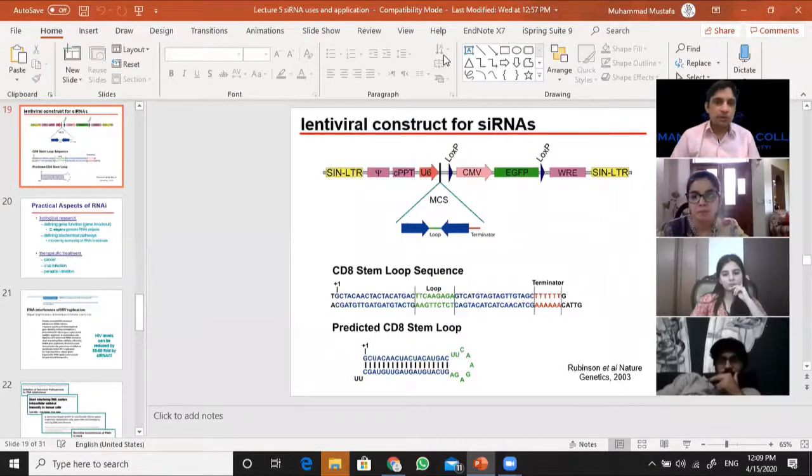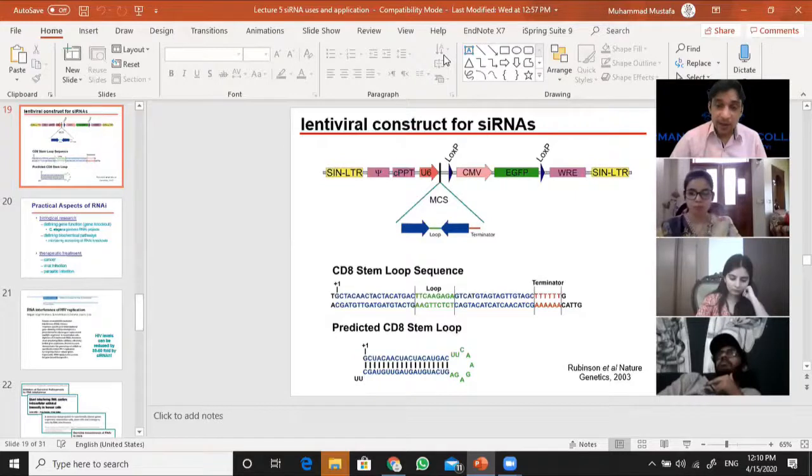Farhan asked a question. Could guide RNA be targeted for degradation by the RISC complex as well? We don't need to destroy the guide RNA. Actually, it is the job of the guide RNA to find the complementary sequence on the messenger RNA.